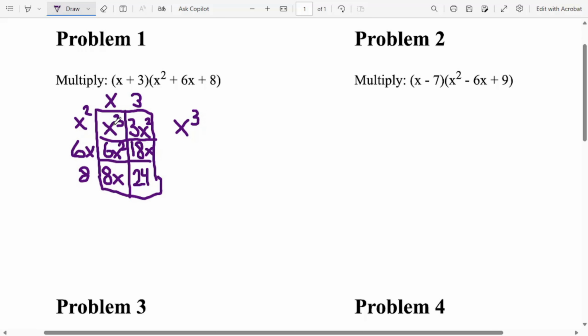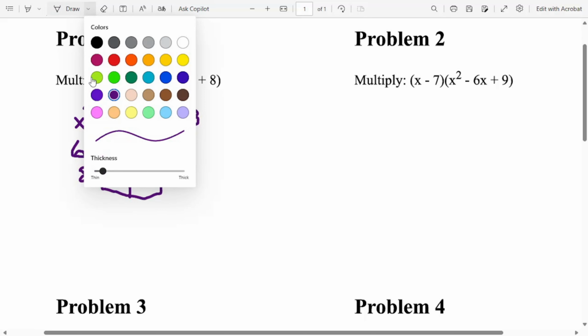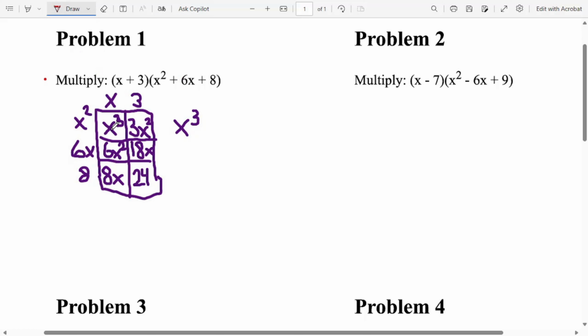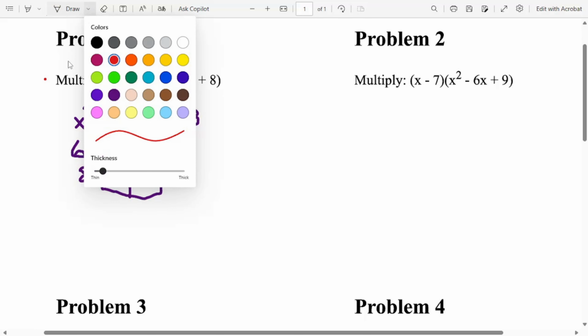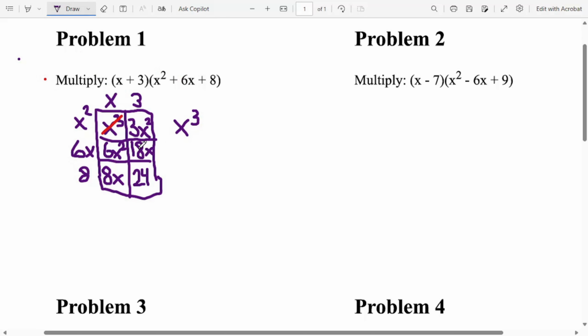And what I like to do is, when I do a lot of these, I like to cross them off as I go. So let's change color here, and we'll just cross that off. And then next, we're looking at 3x squared. Well, 6x squared is like 3x squared, so I'm going to write plus 9x squared.